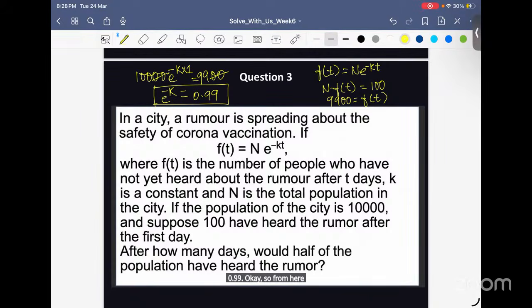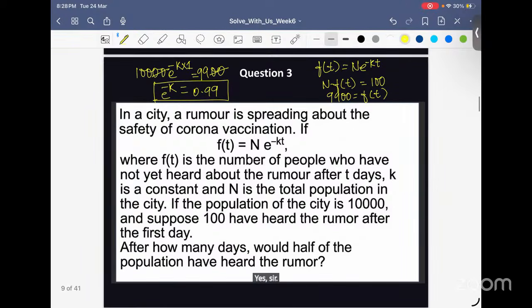From here you can calculate the value of k, right? That would be minus ln 0.99, so minus k equals ln 0.99. This value will be negative, so you'll get a positive value, right?